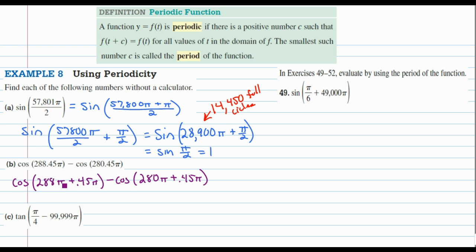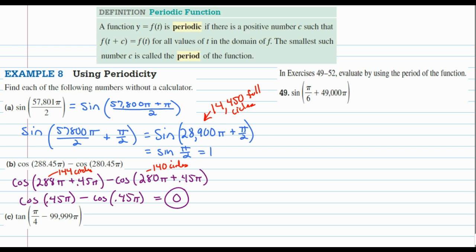The 288 pi is 144 full circles, and 280 pi is 140 full circles, so I don't need to worry about those. All I'm worried about is the cosine of 0.45 pi minus the cosine of, what do you know, 0.45 pi. Well, that's going to be 0.